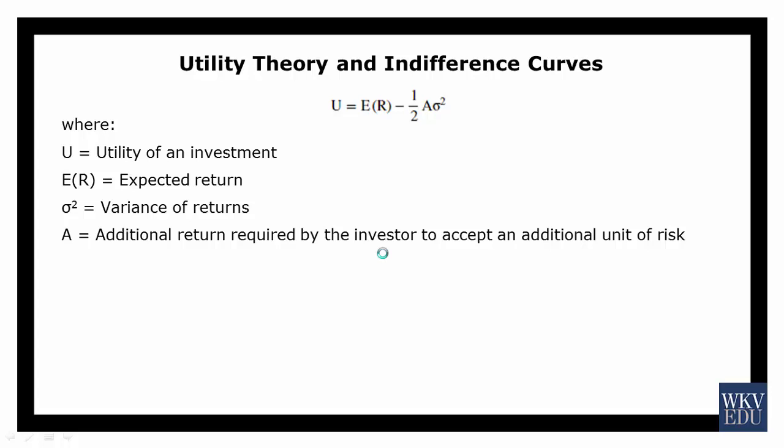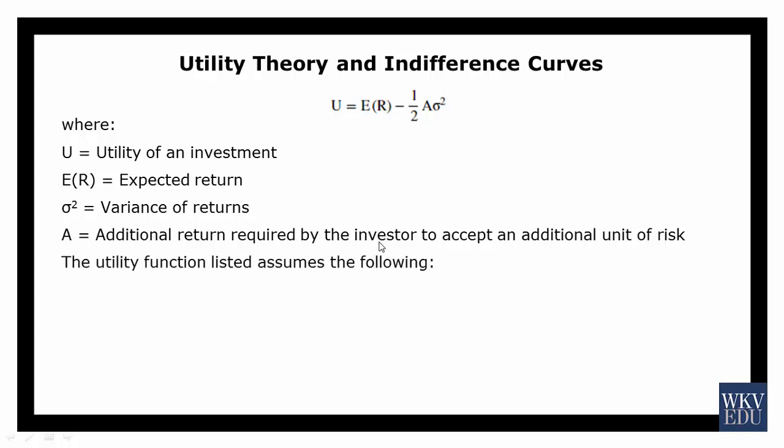In order to quantify the preferences for investment choices using risk and return, utility functions are used. An example of utility functions with its legends is there on your screen. A is a measure of the risk aversion. It is higher for investors who are more risk averse, as they require larger compensation for accepting more risk.